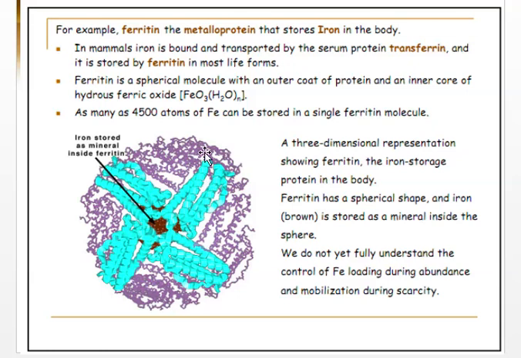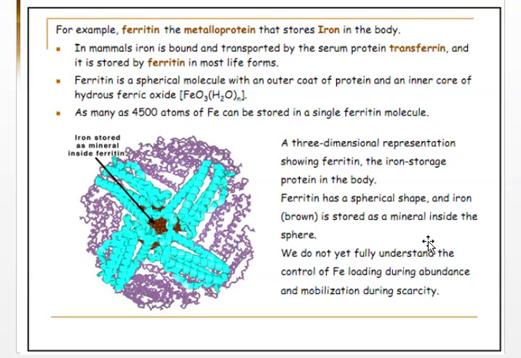As many as 4,500 atoms of iron can be stored in a single ferritin molecule. This ferritin molecule has like 4,500 atoms of the iron.